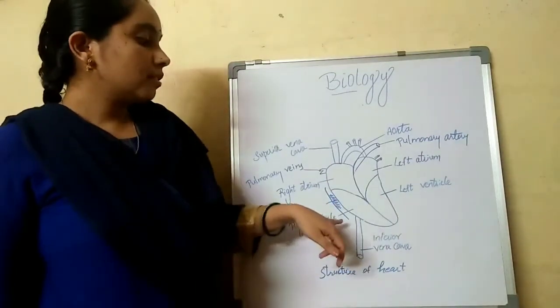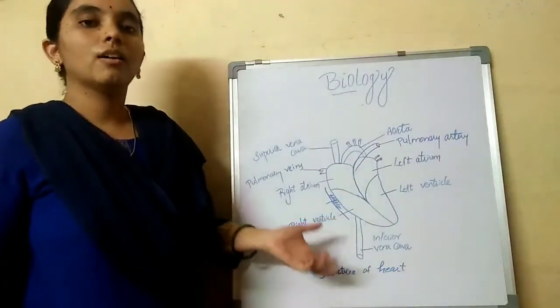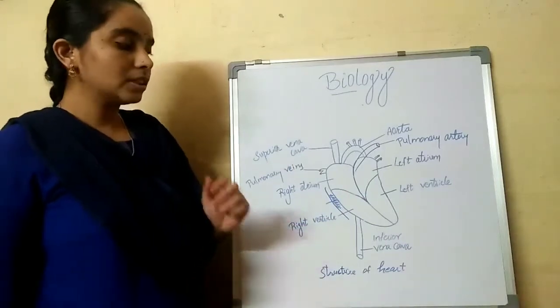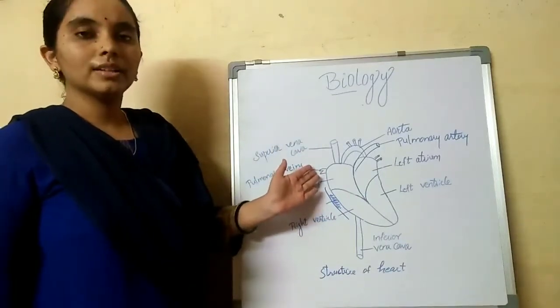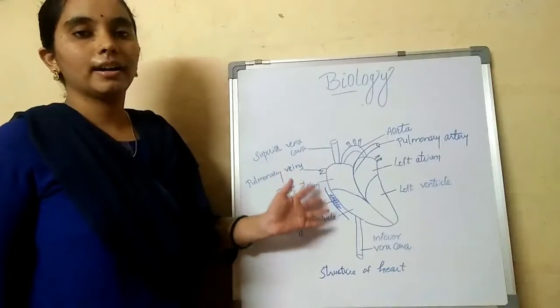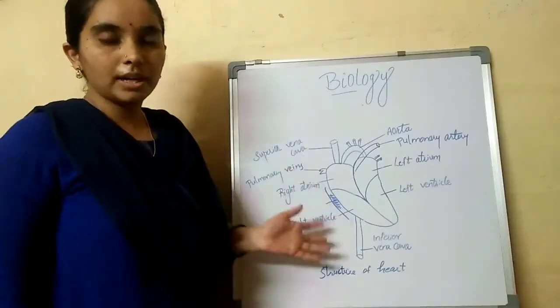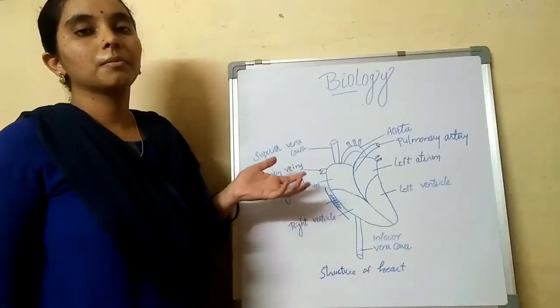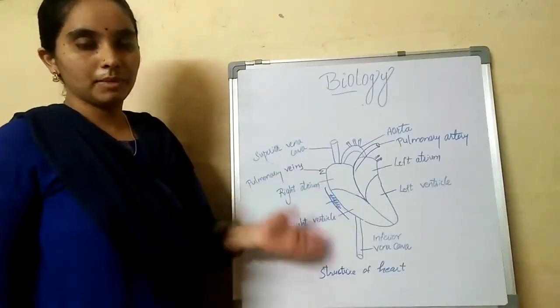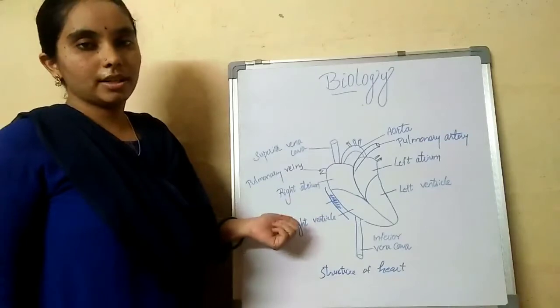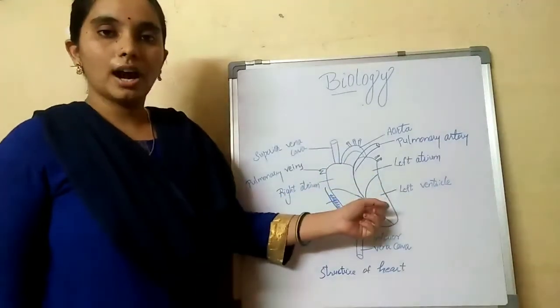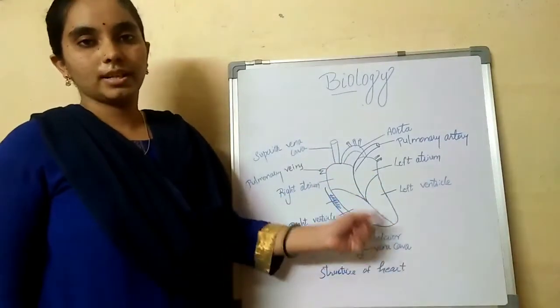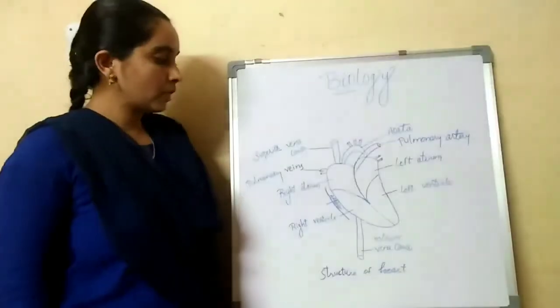Now let us study the function of the heart. Remember always, the right side of the heart contains deoxygenated blood, that is, blood with no oxygen and with carbon dioxide present. That is called deoxygenated blood. And the left side of the heart always contains oxygenated blood, that is fresh blood.